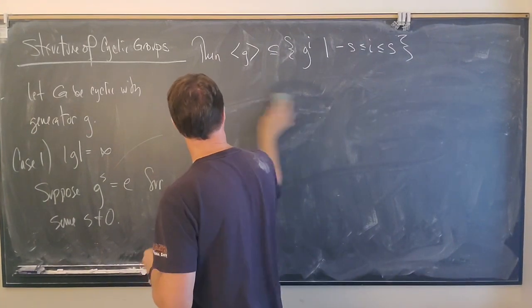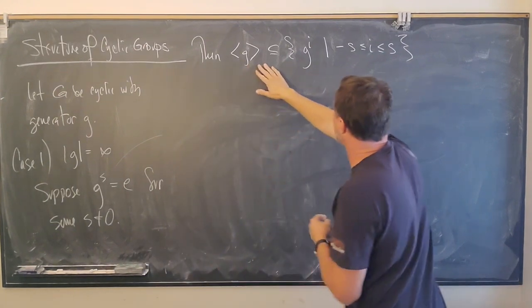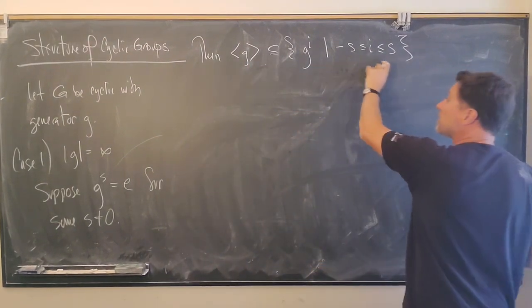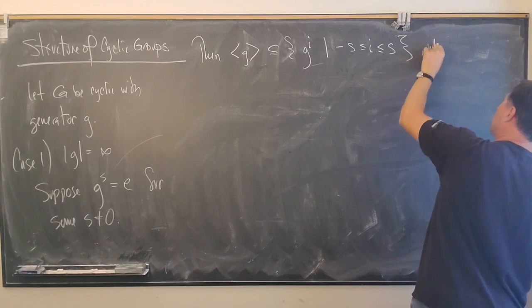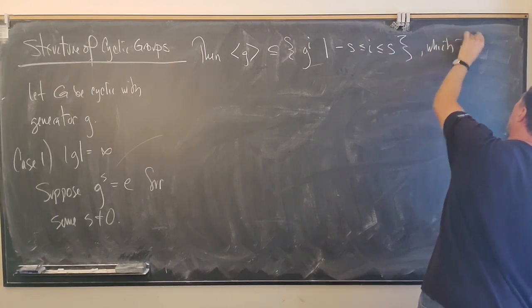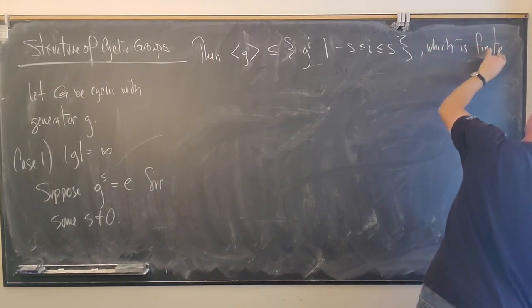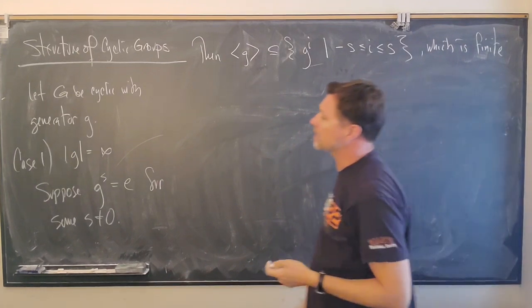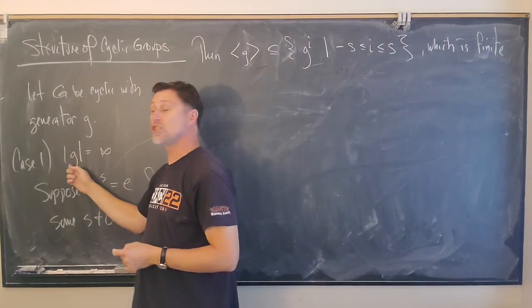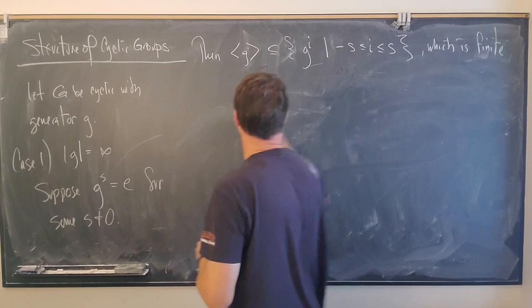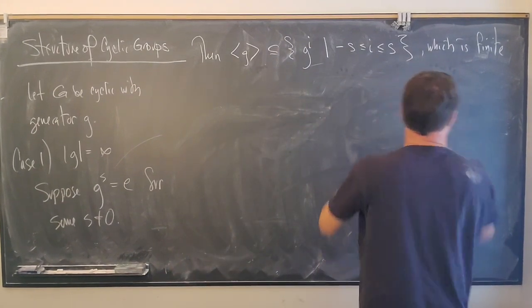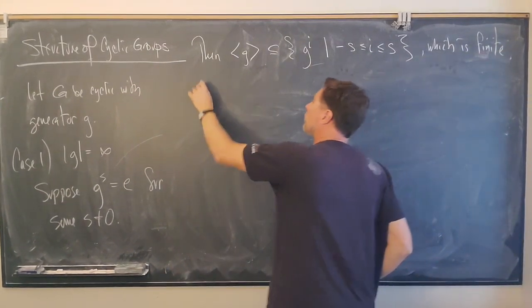Now notice this: this subgroup is contained in here, and this is a finite set, but we know that's impossible. The subgroup generated by g is actually an infinite set, so there's no way it can be contained inside this finite set. So this is a contradiction.